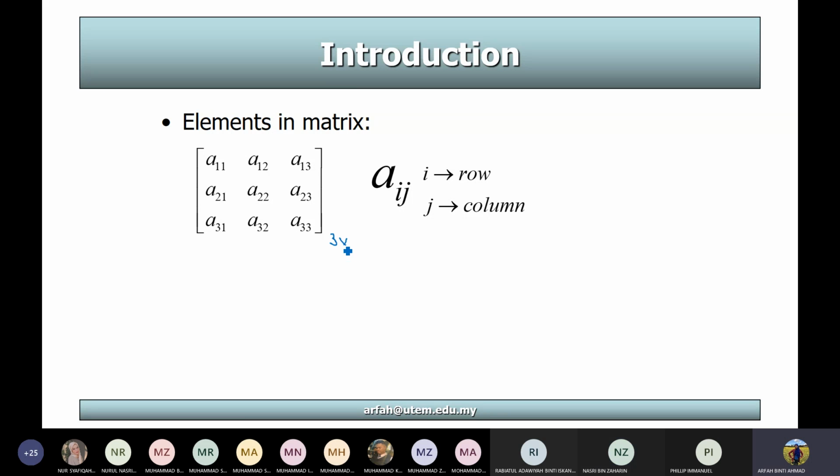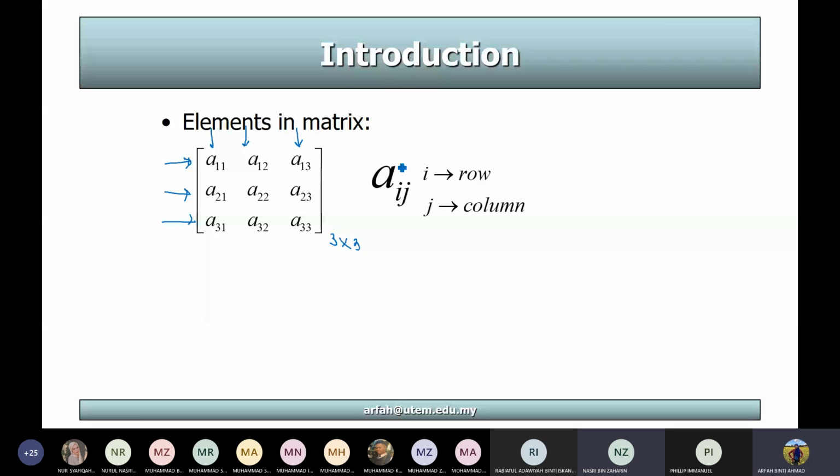Okay. So, why 3 times 3? Because you have 3 rows and 3 columns for this matrix. Okay. First row, second row and third row. So first column, second column and third column. So you have a 3 times 3 matrix.